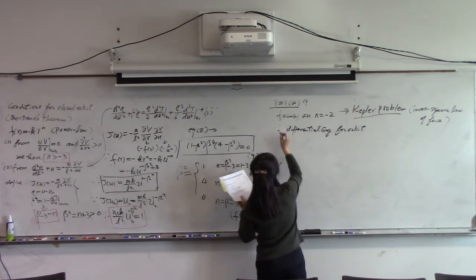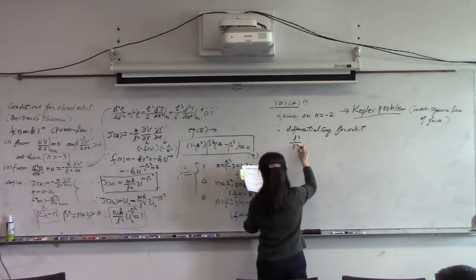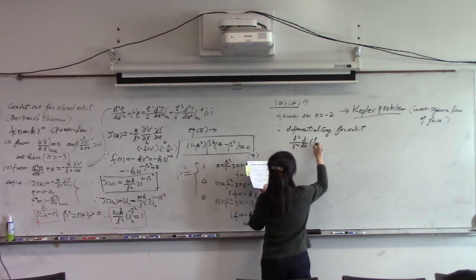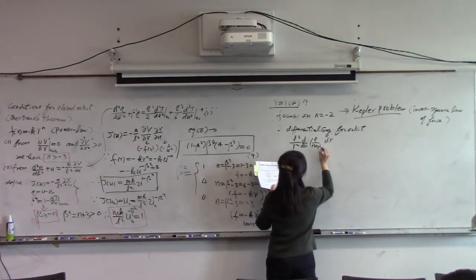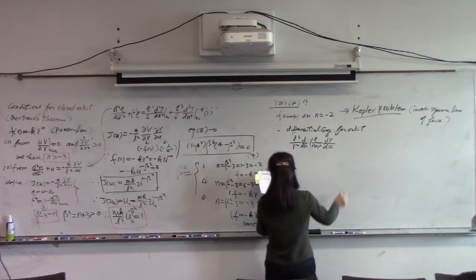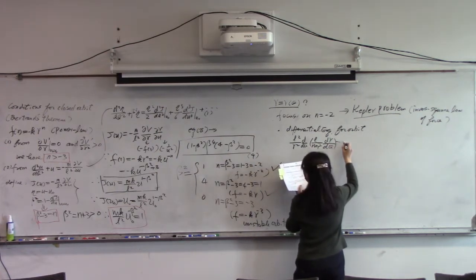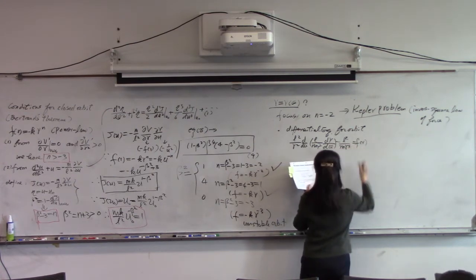The first one for the orbit is this one, if you remember: L squared over m r squared d/dθ of (1/r squared dr/dθ), minus L squared over m r cubed, equal to f(r).